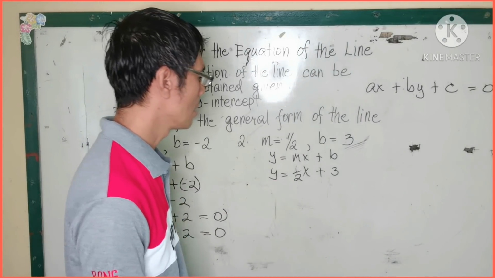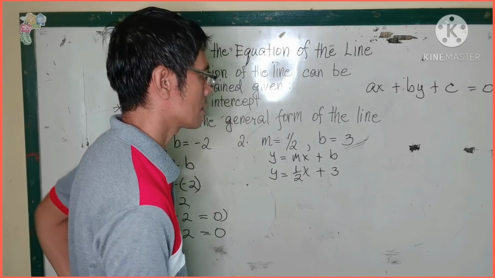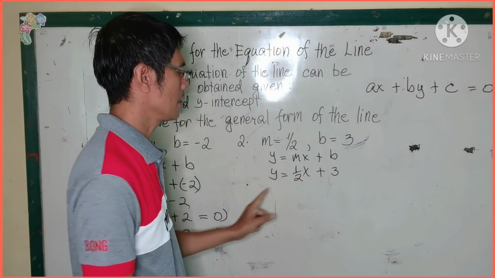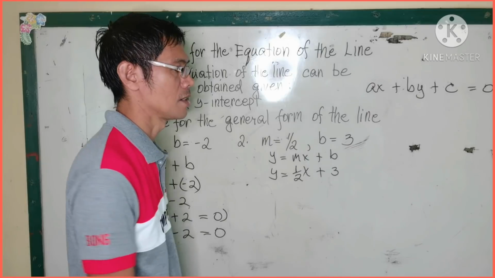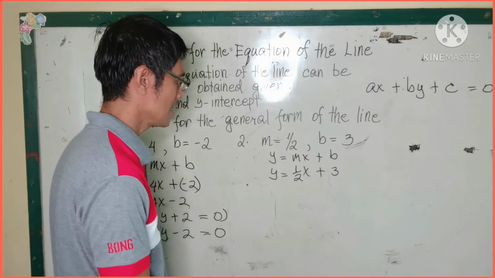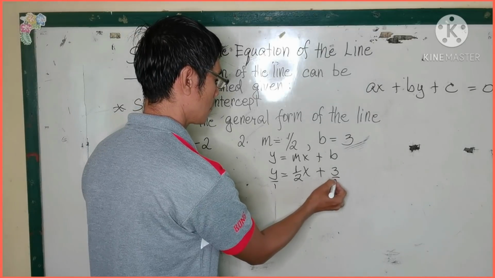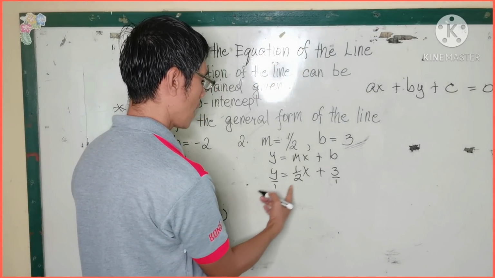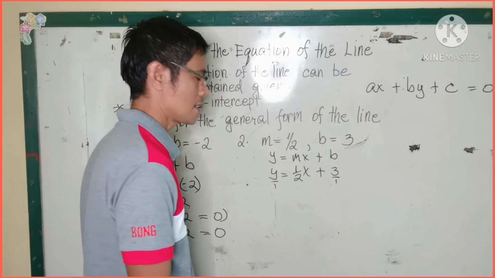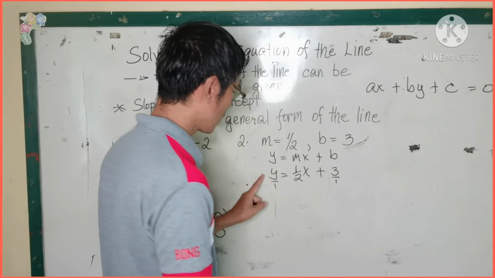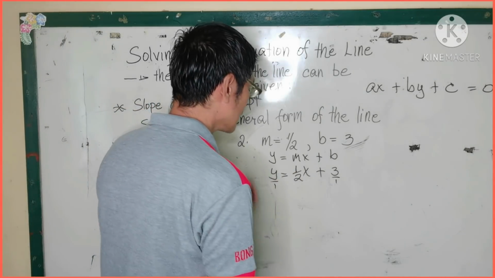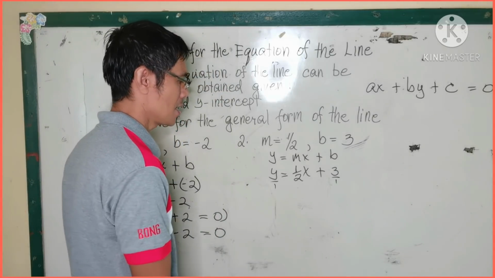So all we need to do is simply multiply all the terms of the equation by the LCD. This is over 1, this is over 1. So we have 1 and 2. The LCD of 1/2, 1 over 1, and 3 over 1 is simply 2.